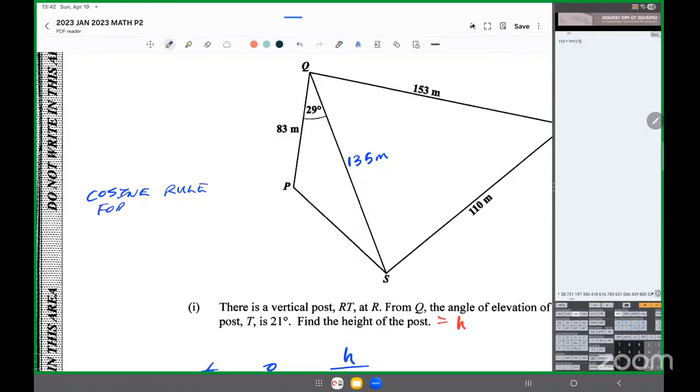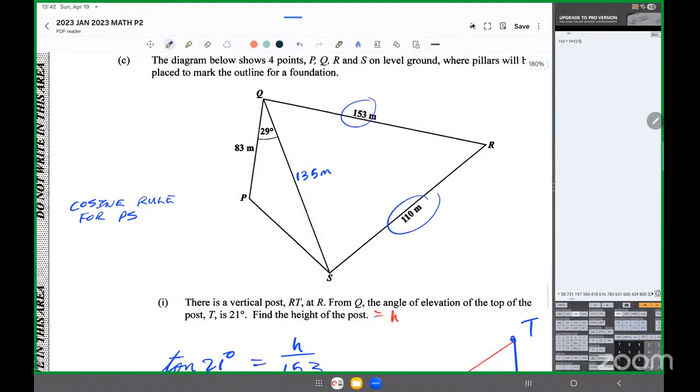To get the foundation perimeter, you have this length plus this length plus this length. You need to find this one. We don't know it yet. So when we find this length, we'll add up all of these with the PS to get the perimeter. So we need to find PS, and we have to use cosine.